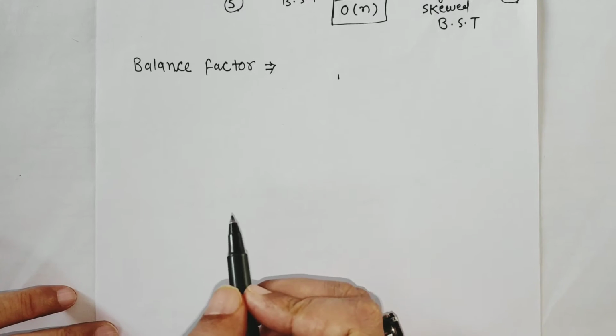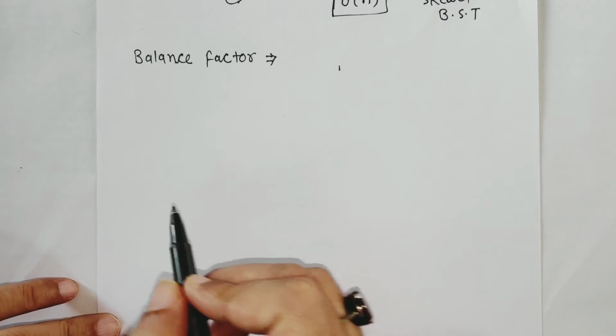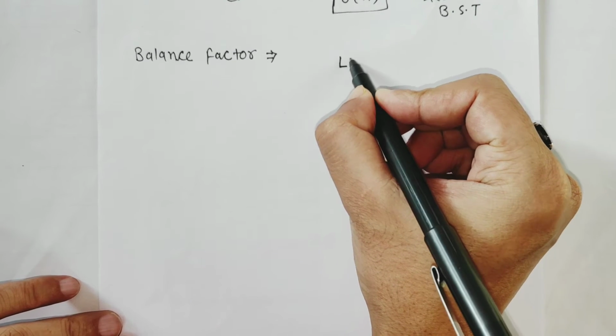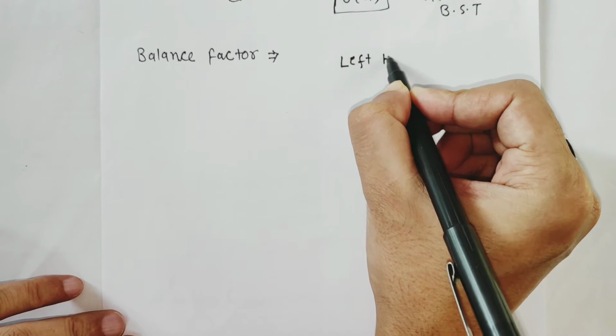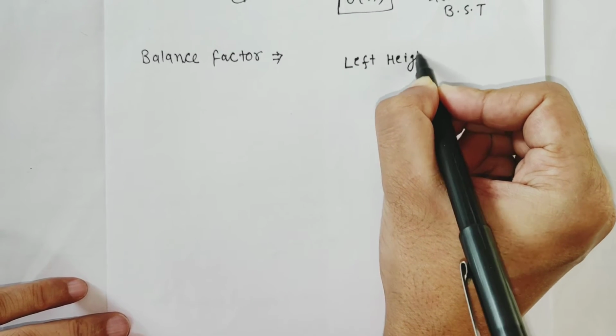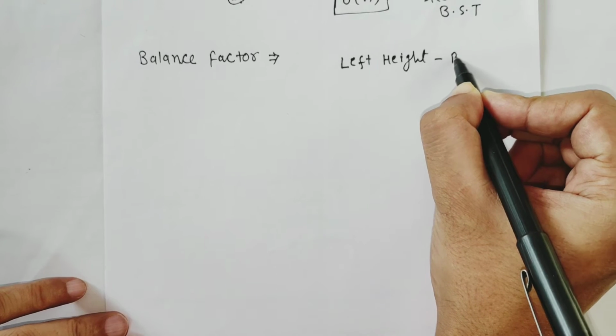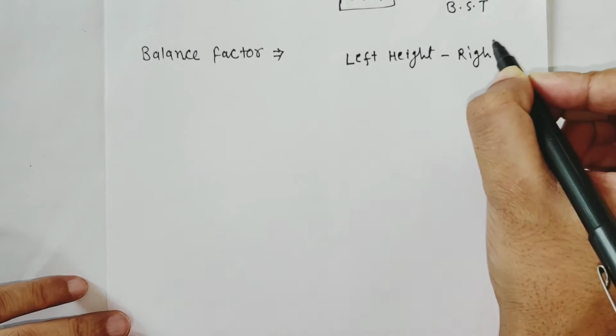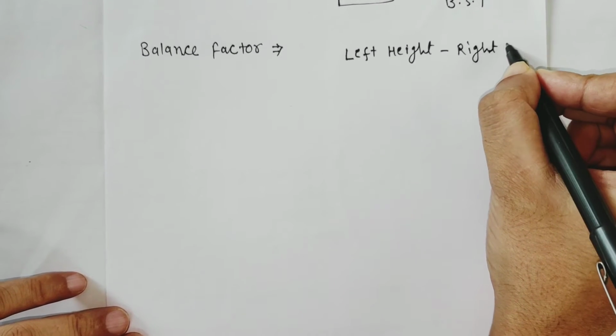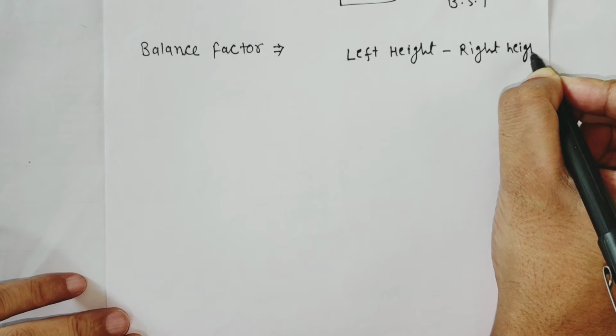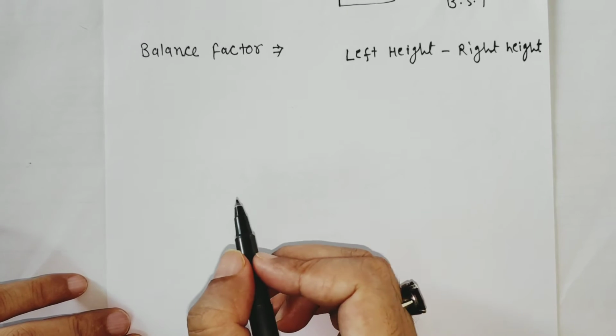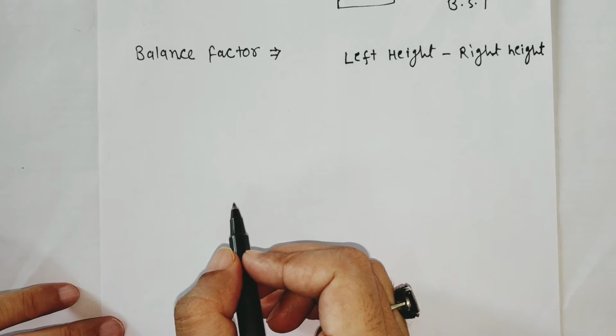So balance factor is left height minus right height. So we can write it like left height minus right height. It is the difference between left and right height. Now with few examples we will understand how we can find this.